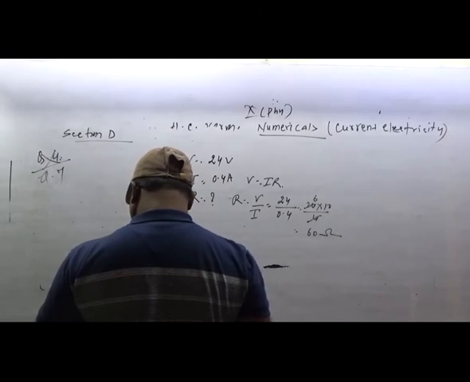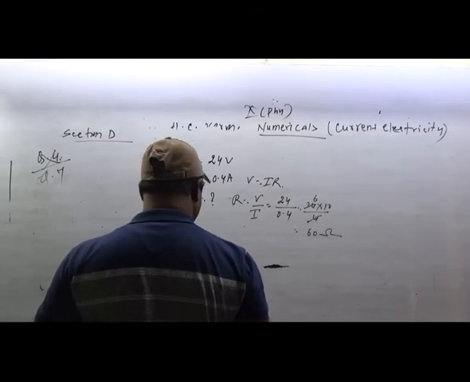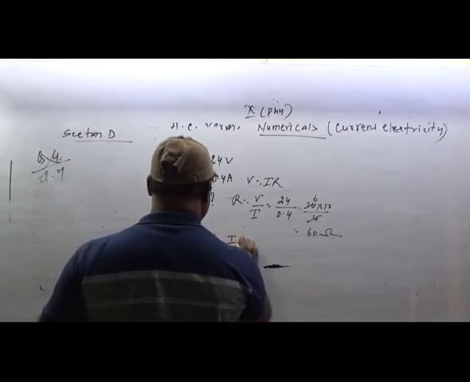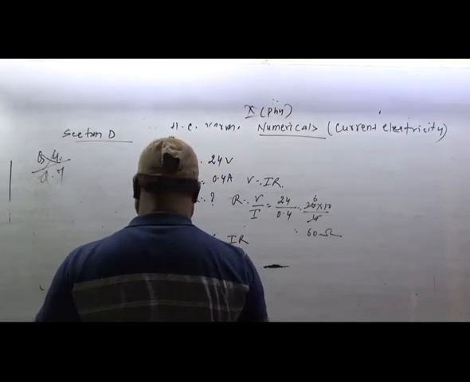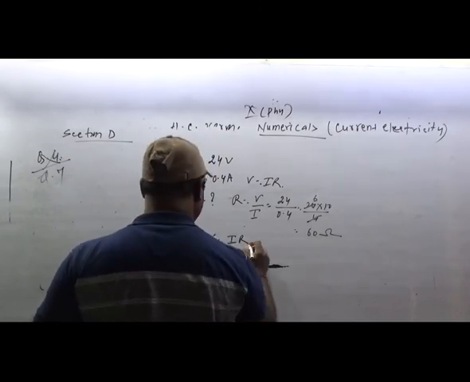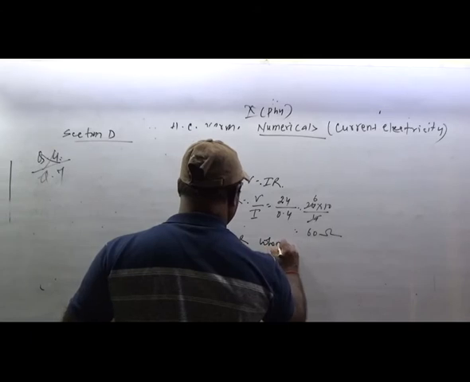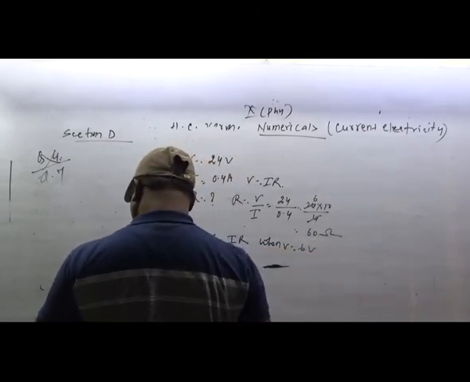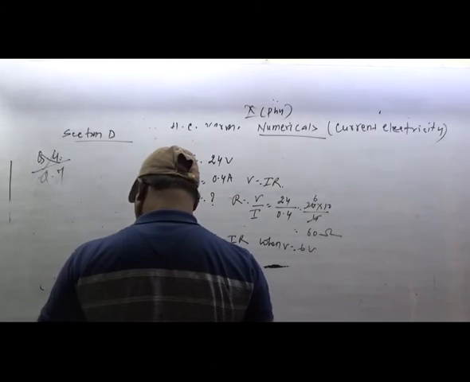What should be the current through it when it is connected to a 6 volt battery? E is equal to IR. When E is equal to 6 volt, we have to find the current.